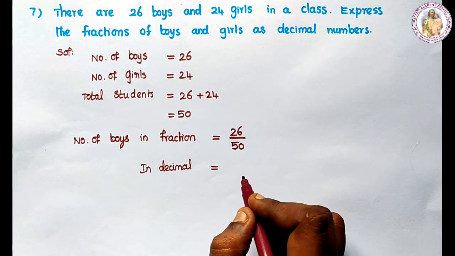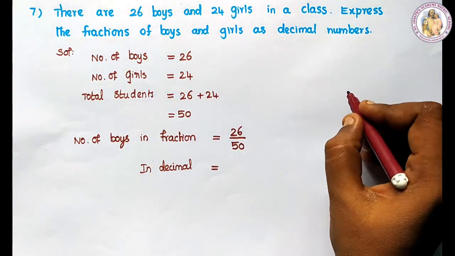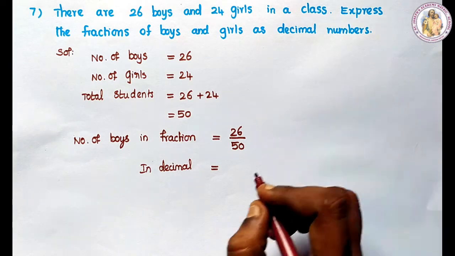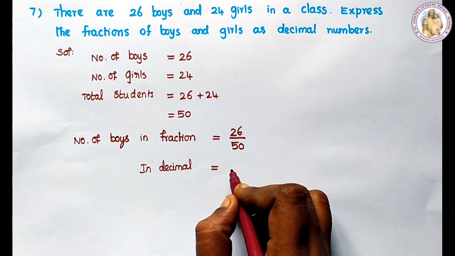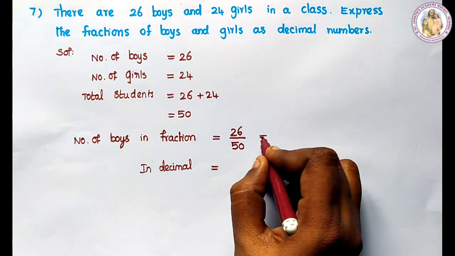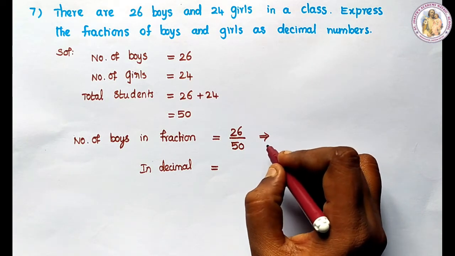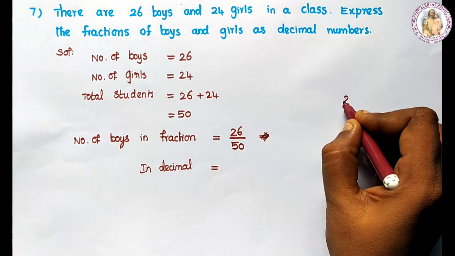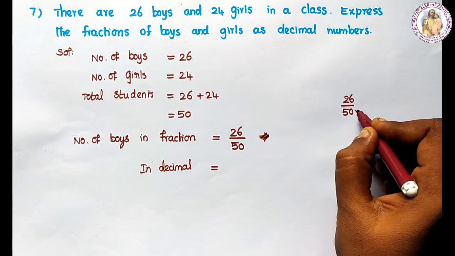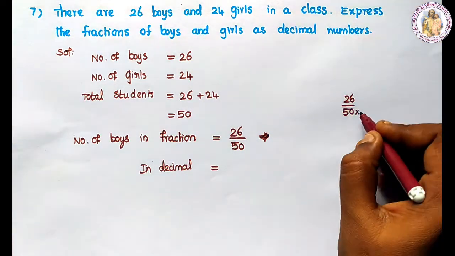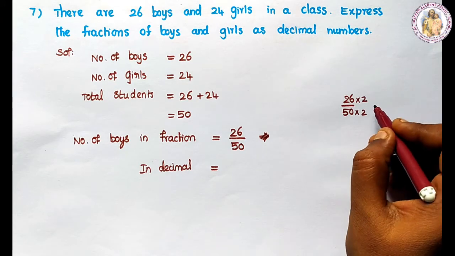Next, in decimal form, listen, 26 divided by 50. What we have to multiply with 50 by number is 2, we get 100. That same number we have to multiply with numerator also.